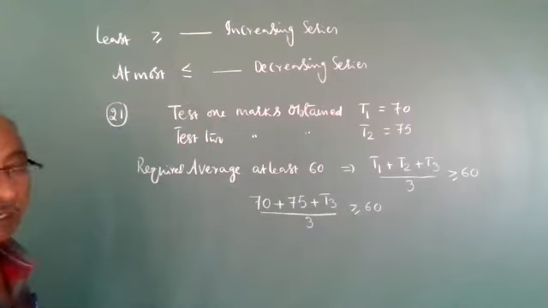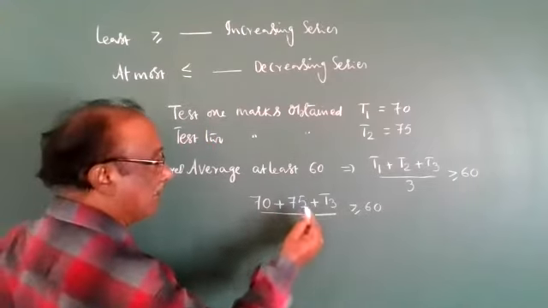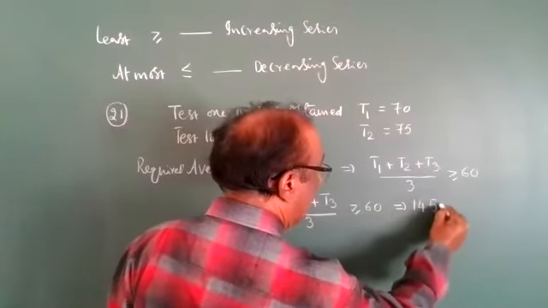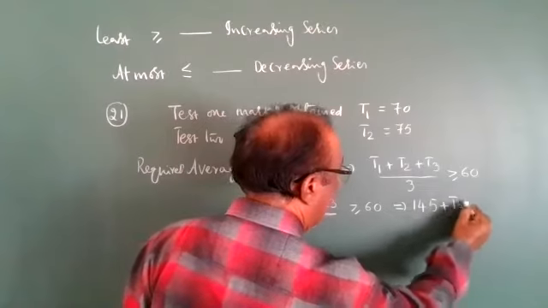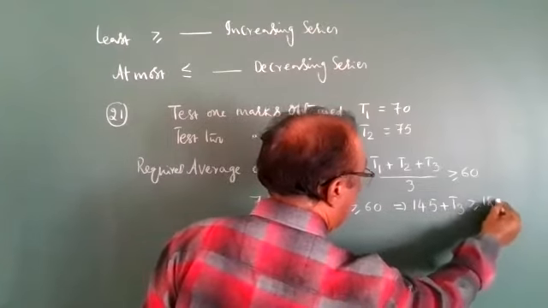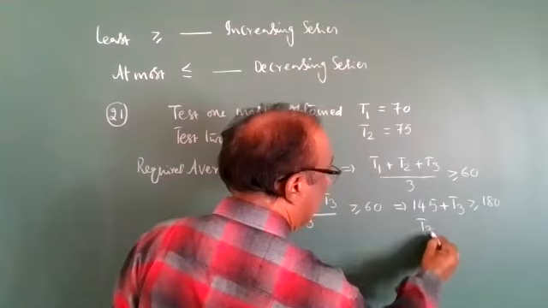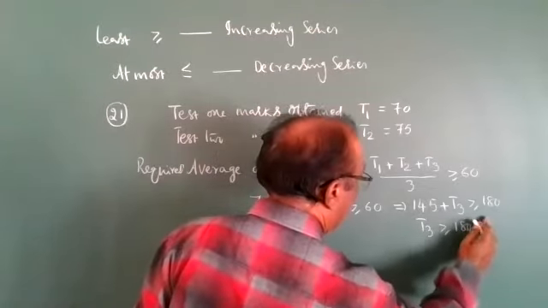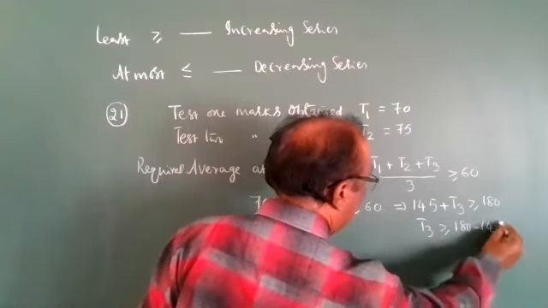Cross multiplying, 70 plus 75 is 145, plus test 3 marks, is greater than or equal to 180. So test 3 is 180 minus 145, which is 35.